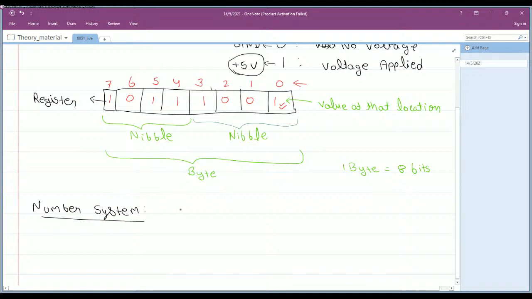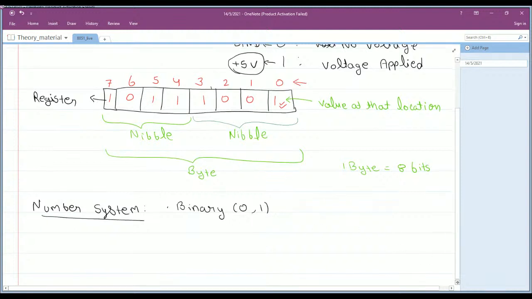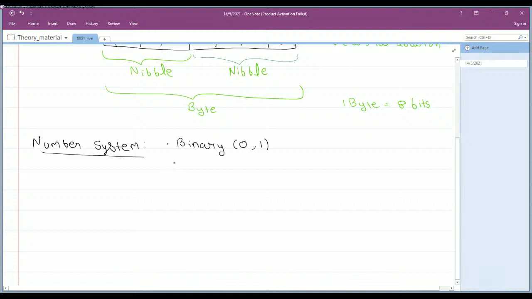There is one number system, that is binary. In binary we have only 0 and 1, so anything is represented as a combination of 0 and 1. And then there is hexadecimal. There are others as well, like decimal.